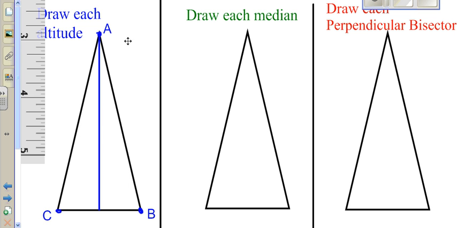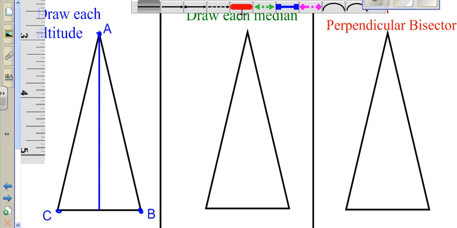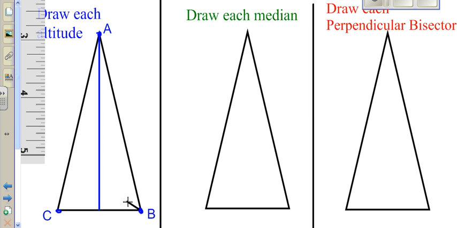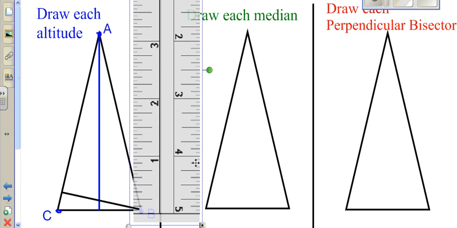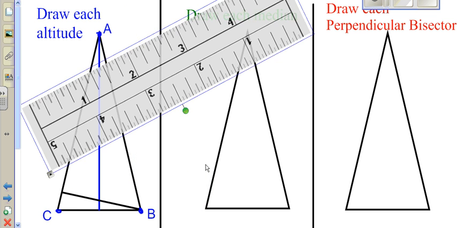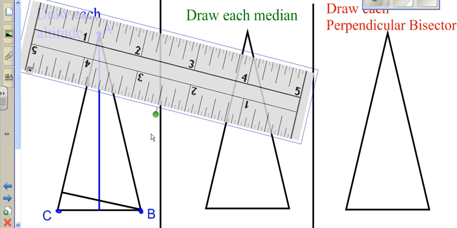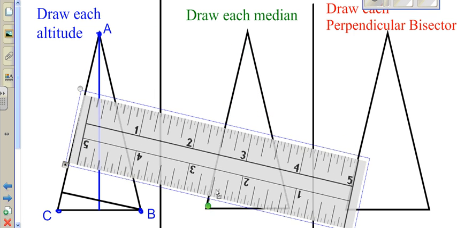I need two more. So we need an altitude from B. We need to make a line. If I put it there, that's not 90 degrees, so I need to change it. Keep moving until it is 90. Then we take our object that is square and rotate it so the corner fits.